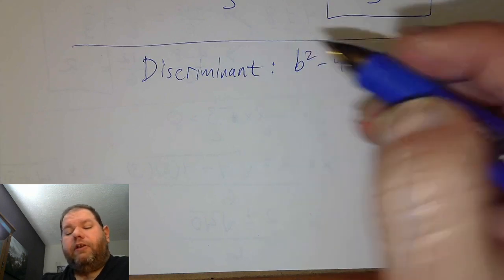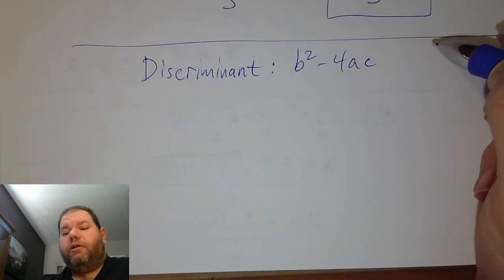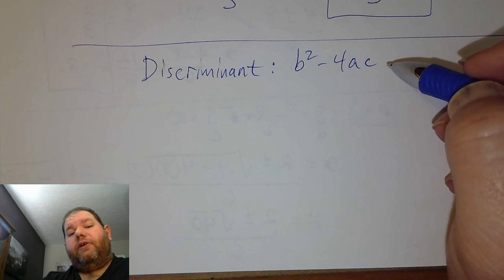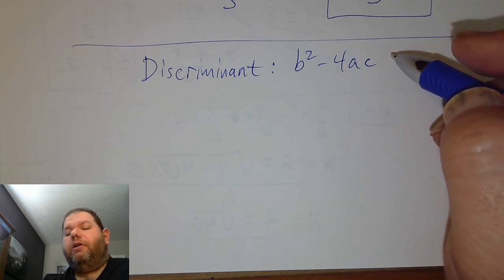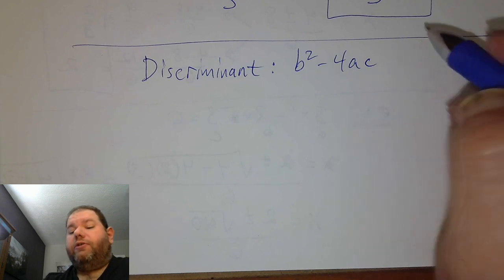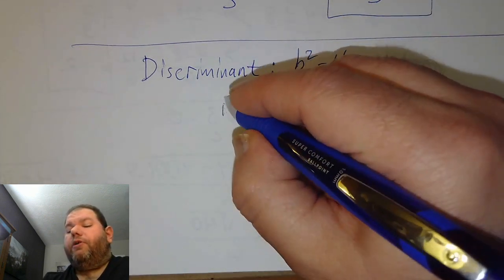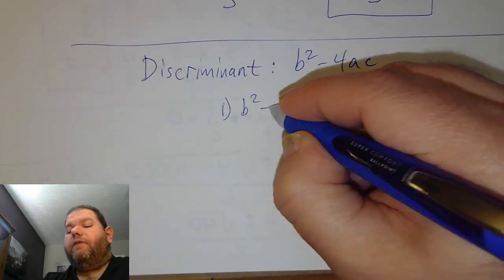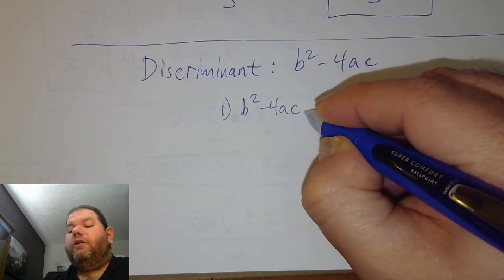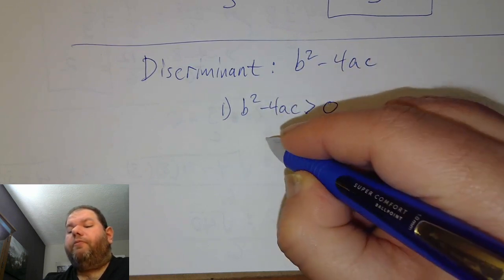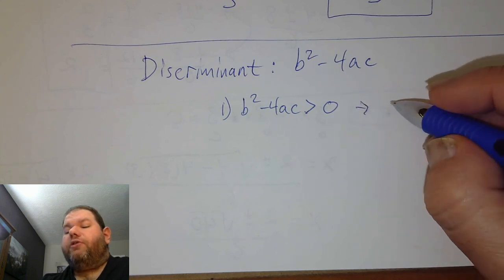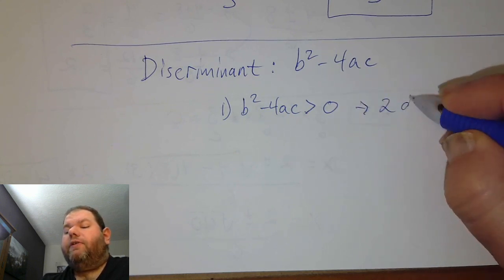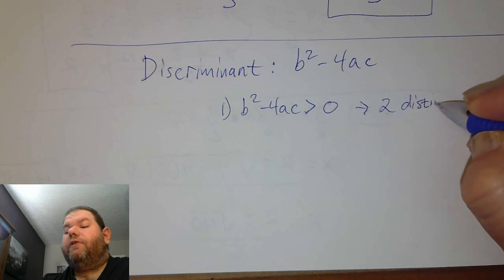Now b squared minus 4ac, depending on the value here, it tells us what kind of solutions we can expect from a quadratic equation. For instance, 1, if b squared minus 4ac is greater than 0, then we expect the quadratic equation to have 2 distinct real solutions.